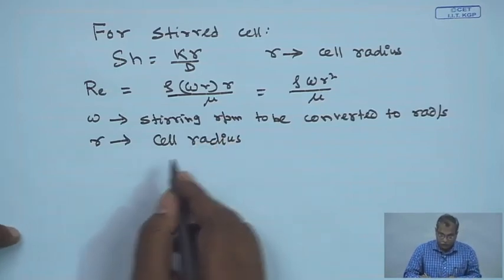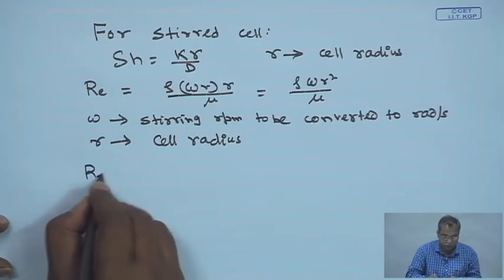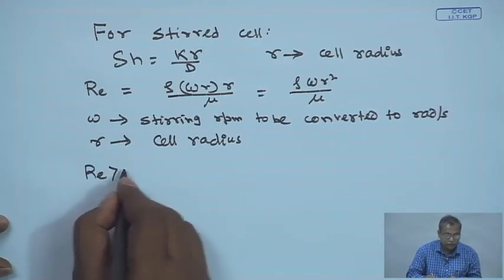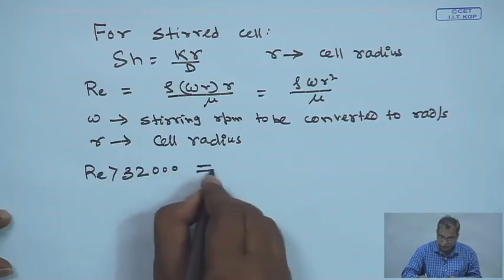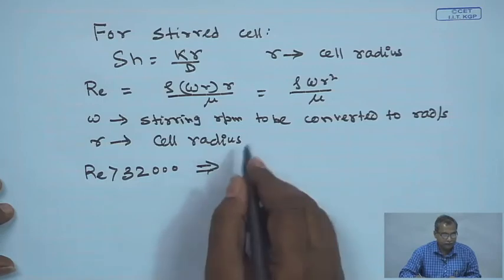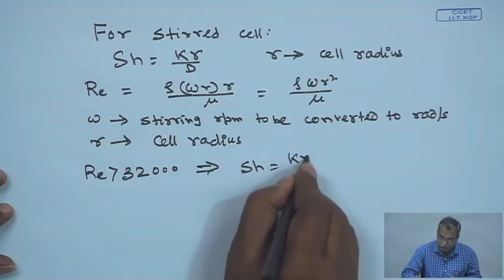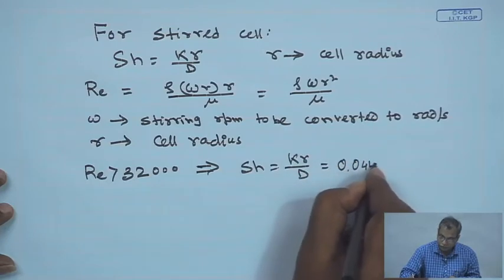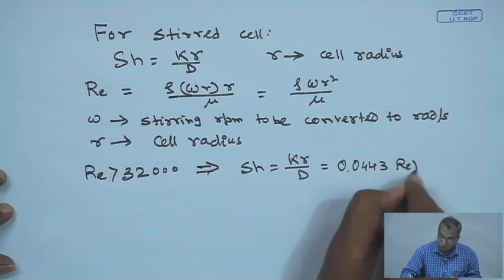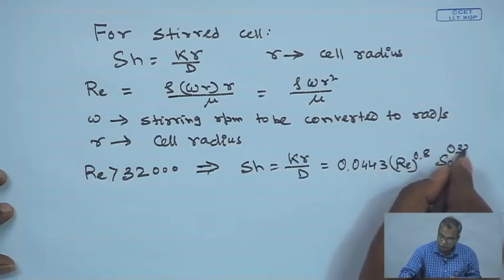Okay. So, now we have defined the Sherwood number in two domains, for Reynolds number greater than 30,000 and Reynolds number less than 30,000. In case of Reynolds number greater than 30,000, the relationship is Sh equal to k r over D equal to 0.0443 Reynolds to the power 0.8 Schmidt to the power 0.33.